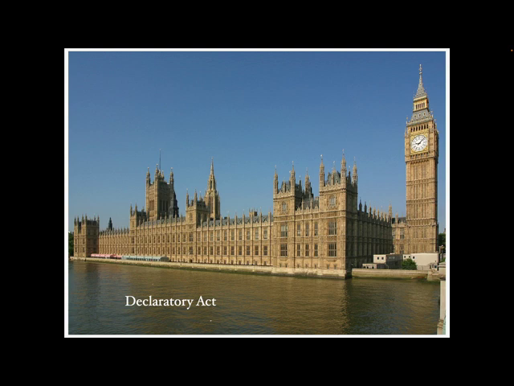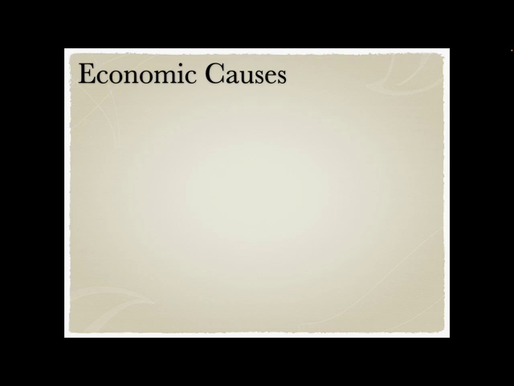That's one argument. But there are some historians who say, well, that's true, but maybe there are some other motivations that explain why these 13 colonies will rise up. And maybe it's not as political as it is economic. So the second one here on the very front page of your notes would be economic in nature.